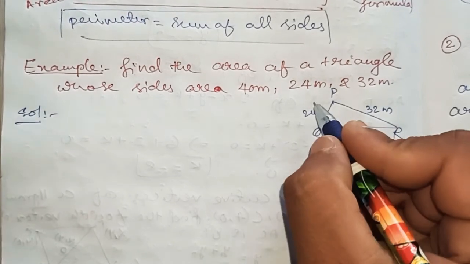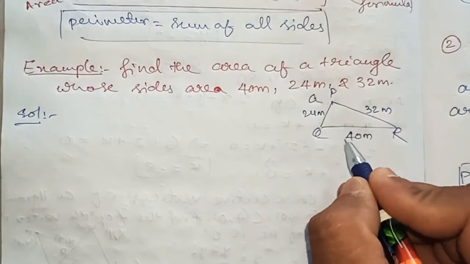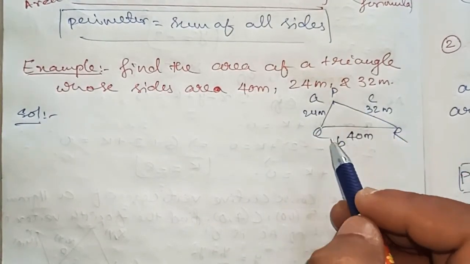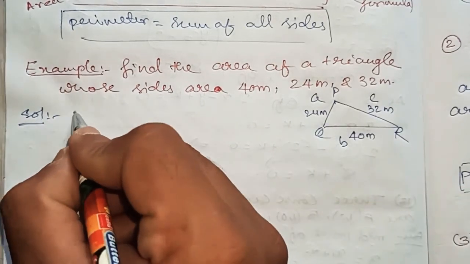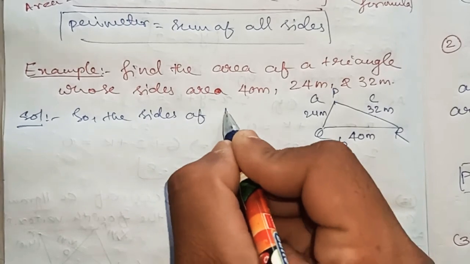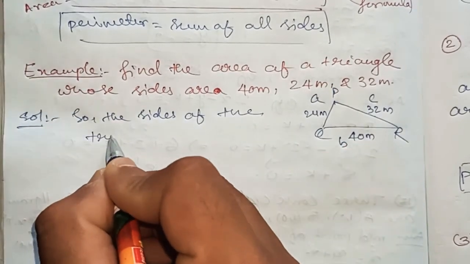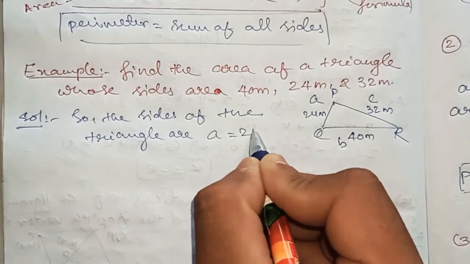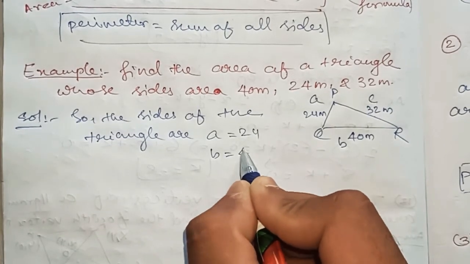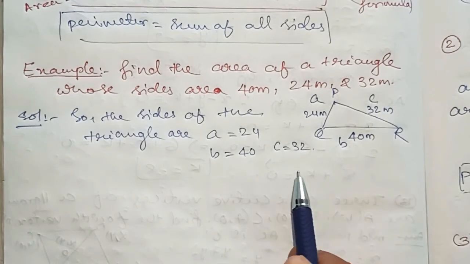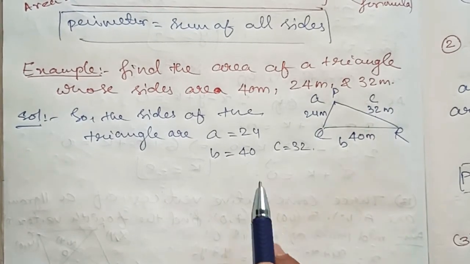Now, as I said, we will be marking all the three sides as a, b, c. So the sides of the triangle are a equals 24, b equals 40 and c equals 32.